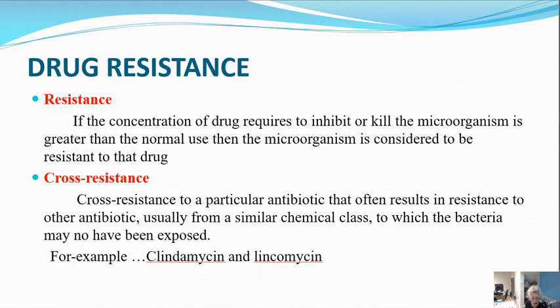I like it. Drug resistance, something we can't stop. Eventually, the microorganism will find a way to become resistant. Cross-resistance is when resistance to a particular antibiotic often results in resistance to another antibiotic, usually of a similar class, to which the bacteria may not have been exposed. For example, clindamycin and lincomycin.